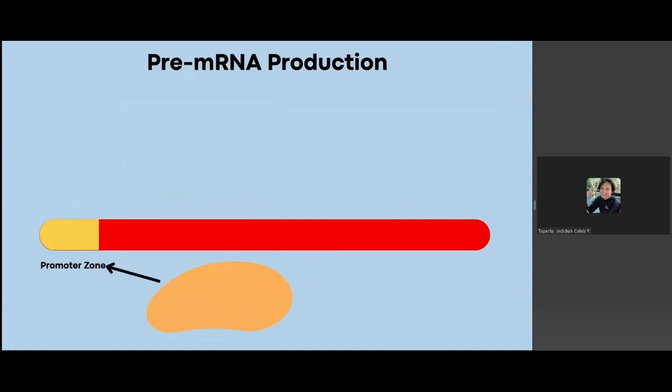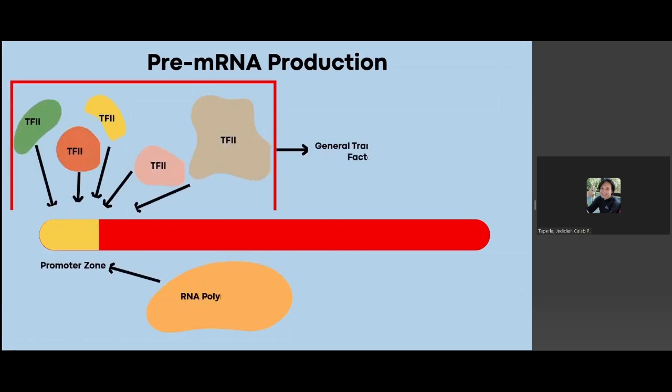The initiation step starts when all the necessary pre-initiation complex proteins assemble around the core promoter of the gene. This complex is composed of RNA polymerase and transcription factors. The transcription factors are proteins that bind to the DNA and regulate gene expression.